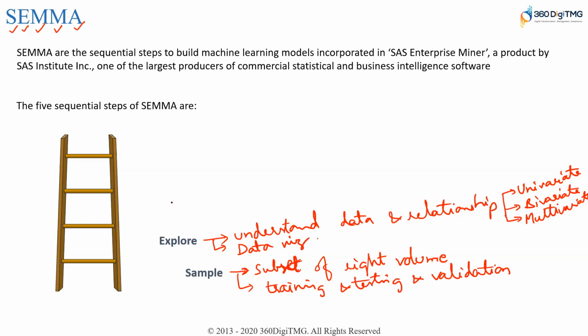Then you move on to the next step, which is modifying the data. In this modify phase, data variables are cleansed. You clean the data. Then you derive new features. You perform feature engineering.